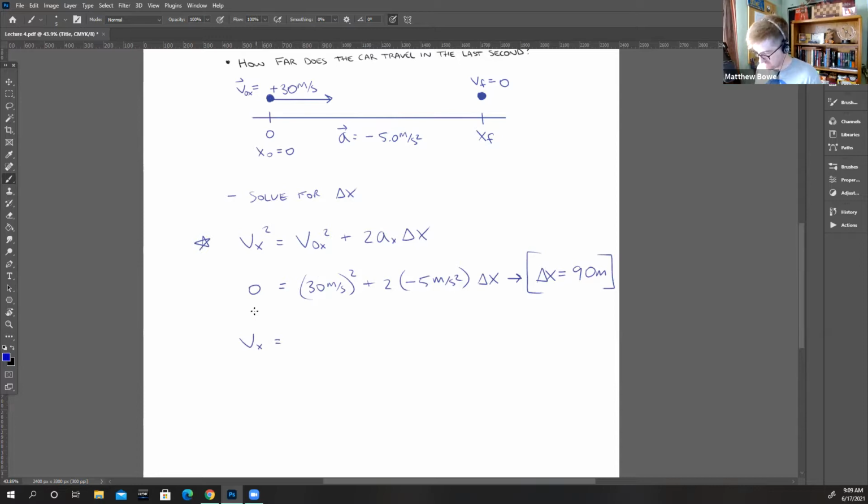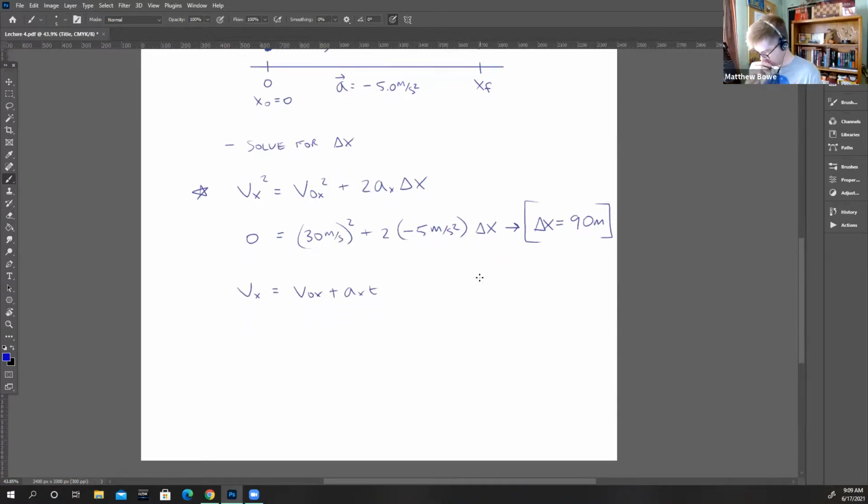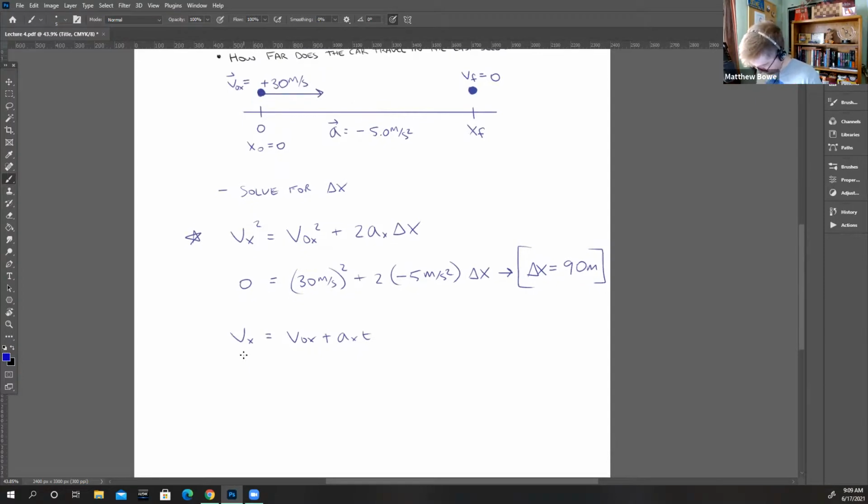Okay, so it's v of x. In this instance, we know a final velocity. Final velocity is when it stops, and that is 0. Its initial velocity was positive 30.